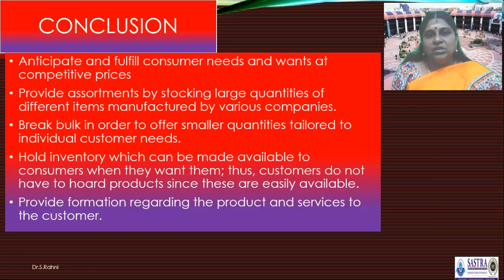They should not be very stringent in collections. For example, in a textile showroom, they should have a variety of products, colors, designs, sizes, etc. Then only the people will come to your showroom and purchase things.